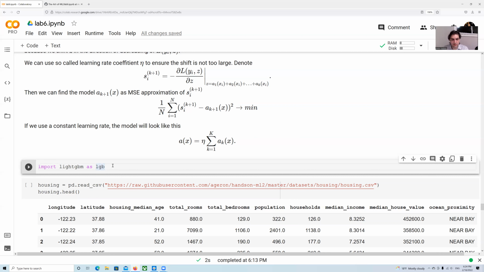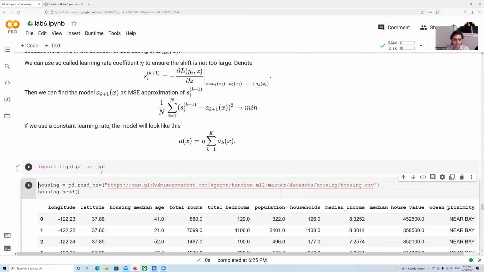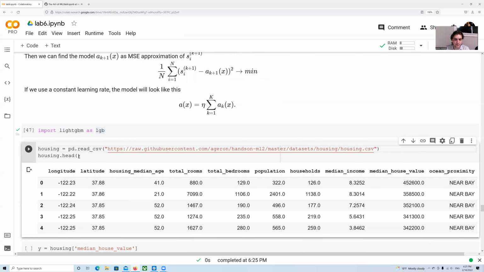You can use any of these libraries. I will use today the light gradient boosting machine from Microsoft.